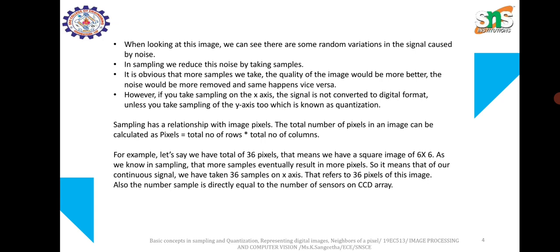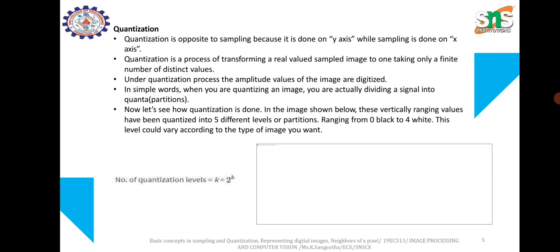So if we have taken 36 samples on the x-axis of the continuous signal, that refers to 36 pixels of this image. Also, the number of samples is directly equal to the number of sensors on the CCD array. The next one is quantization.